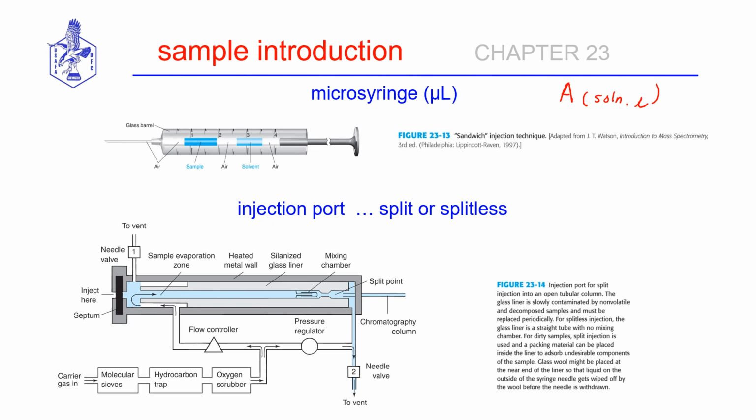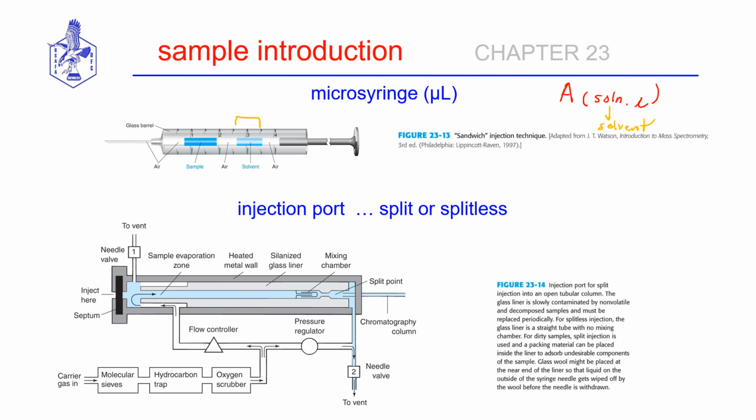It is optimal to withdraw first a slug of the solvent that you're using to dissolve your sample. So being a solution, obviously there is some solvent that we have elected to place our analyte species into.